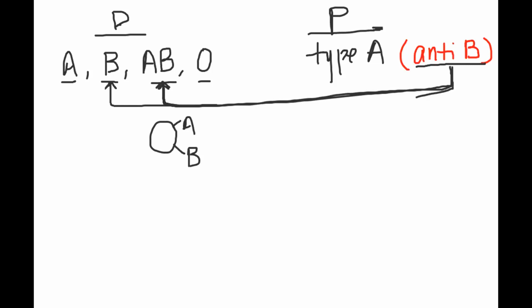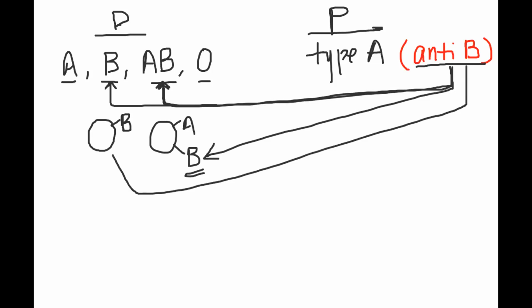This anti-B antibody can react to this antigen. And if this donor has type B blood, then this anti-B can react to this and destroy the cell.